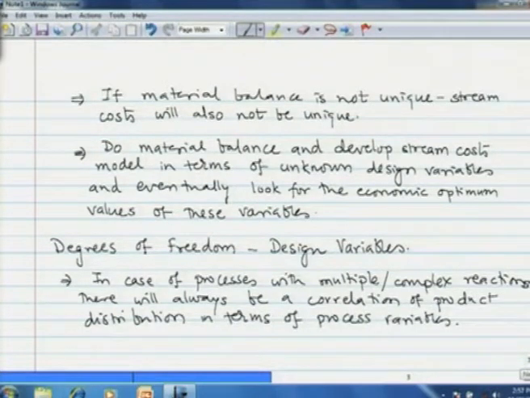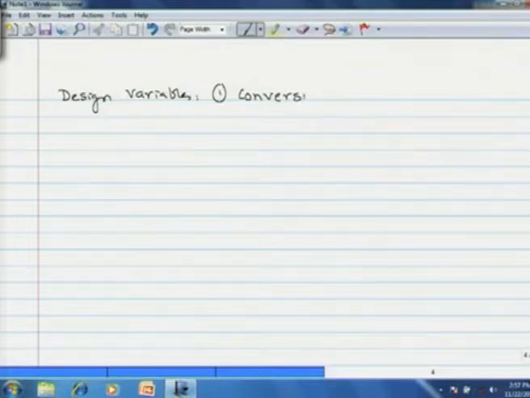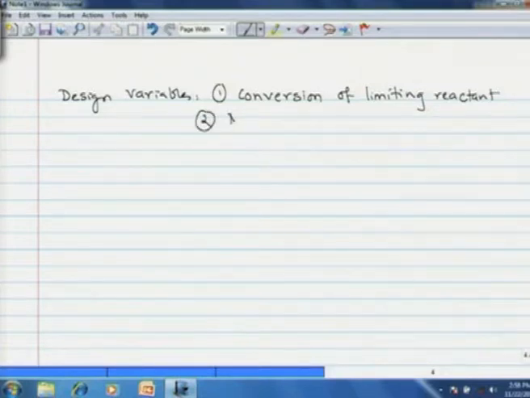Now, what are these design variables? First is the conversion of limiting reactant. Then next is the molar ratio of reactants.